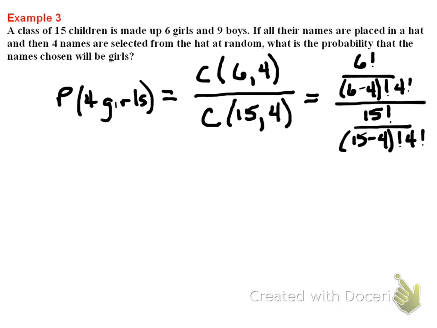Alright, so when I simplify all that out, we get 1 in 91. So again, this is all the combinations that I can pick 4 girls from the 6 versus picking 4 students of the total 15. Okay?